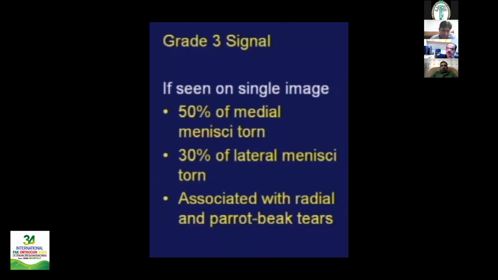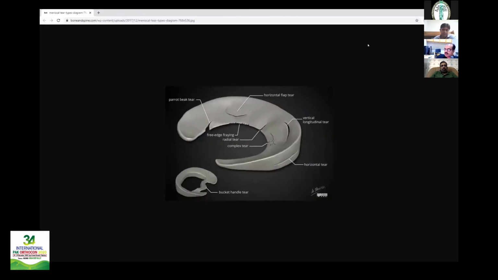No. The flap tear, okay, let me show you a picture, so you can see this image on my screen. In the bucket handle tear, this image on the left lower side, you can see that this is a bucket handle tear. A bucket handle tear is not going to show any abnormal signal extending to the free edge.